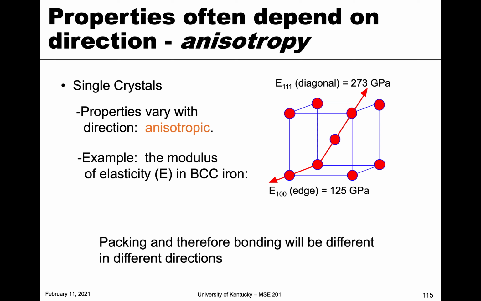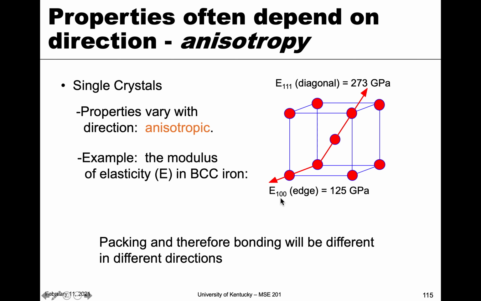Well, if we think about it, if we look at this body-centered cubic structure here, this is actually iron. If we stretch it along this direction, the atoms are packed in one way, whereas if you stretch it along the edge, the packing is different. And so we'd expect, because the bond distance is different, that the curve and the modulus would be different as well. And that's what we see.